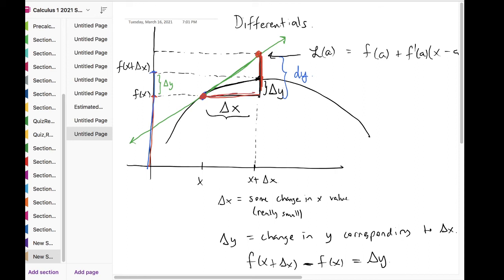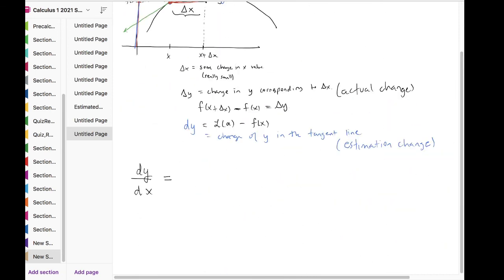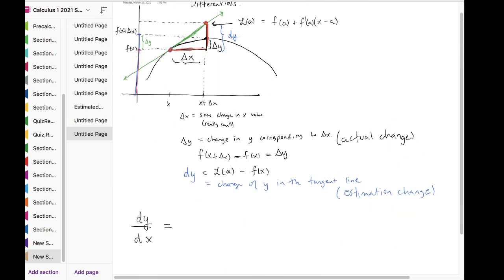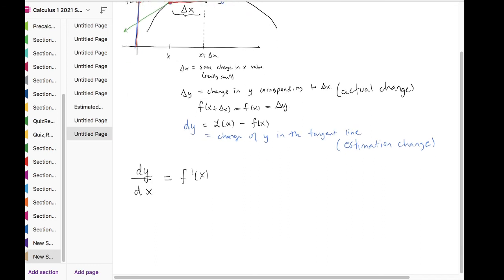Yeah, it's the slope of this line, which is precisely the derivative. So dy divided by dx is precisely f prime of x, because this is like the rise, and this is like the run.